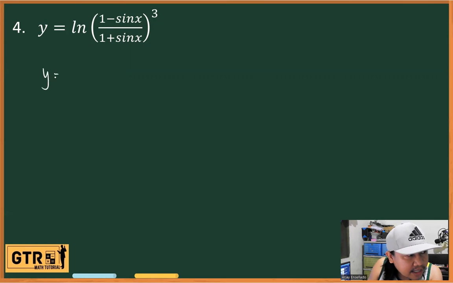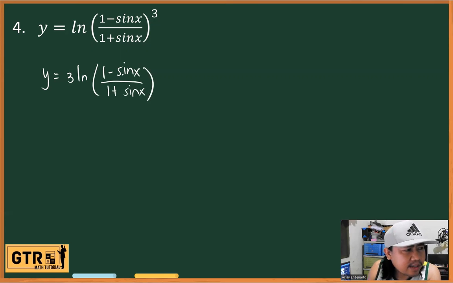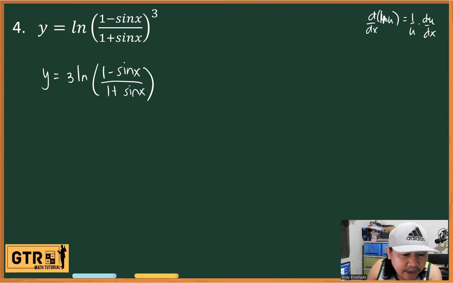So we have y is equal to, just put the exponent here, 3 ln of 1 minus sine x over 1 plus sine x. Okay, so apply now the formula for ln. The derivative of ln u with respect to x is 1 over u times the derivative of u with respect to x.